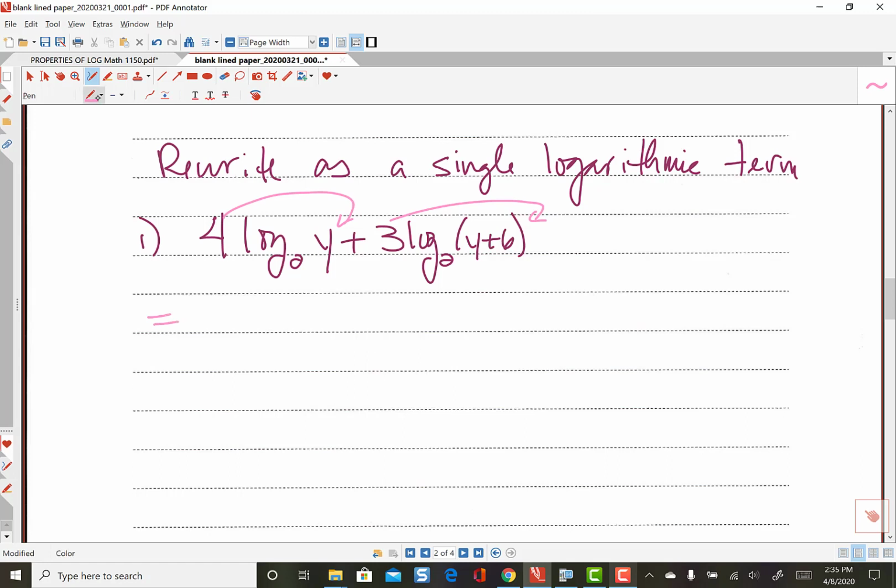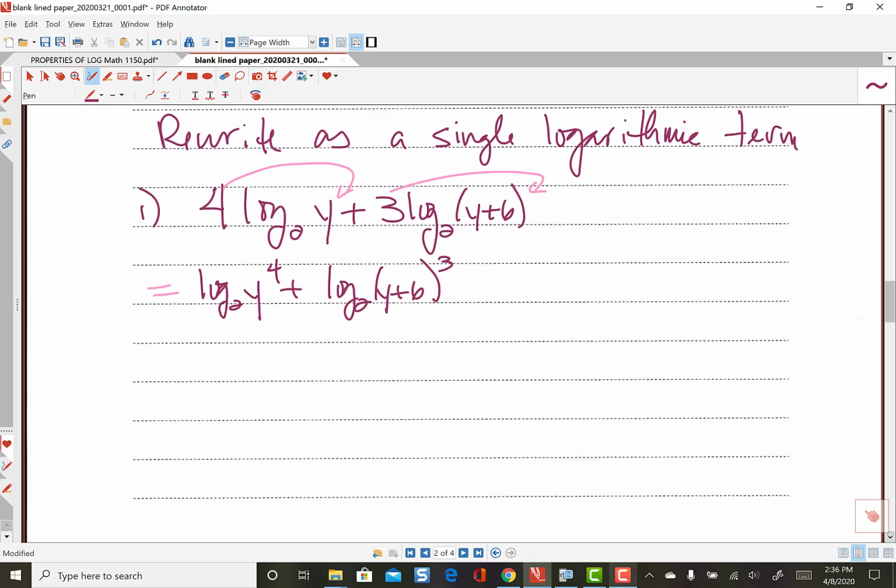So I could write this as the log base 2 of y to the 4th plus the log base 2 of y plus 6 cubed. Now, you've got to remember, if you're adding logarithms, these two quantities are going to be multiplied. So as a single log term, this is the log base 2 of y to the 4th times y plus 6 cubed.